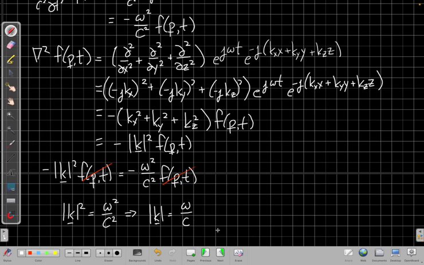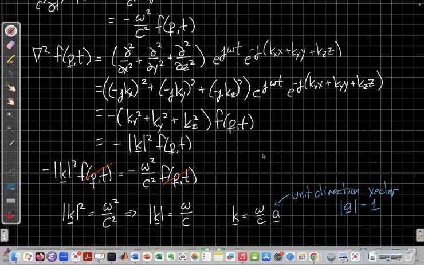Now, in the Van Trees book, one of the things they'll often do is use this approach to rewrite the wave vector k as its magnitude, omega over c, times a vector a, where this a is a unit direction vector. So it factors the wave number vector into two pieces.